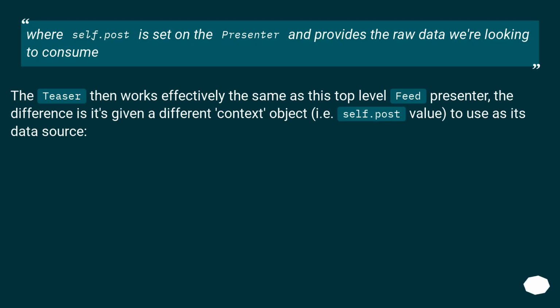Where self.post is set on the presenter and provides the raw data we're looking to consume. The teaser then works effectively the same as this top-level feed presenter, the difference is it's given a different context object, i.e. self.post value, to use as its data source.